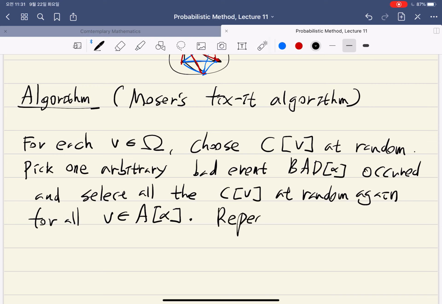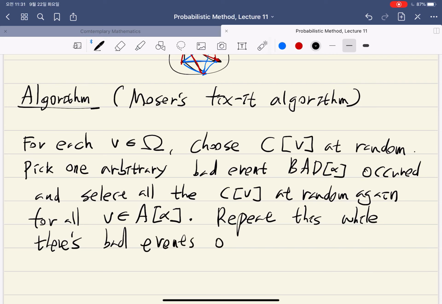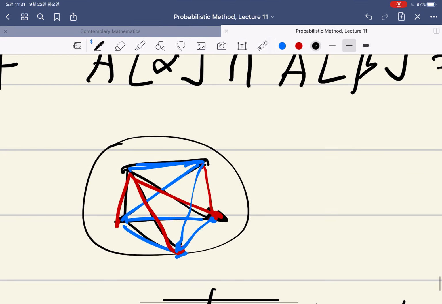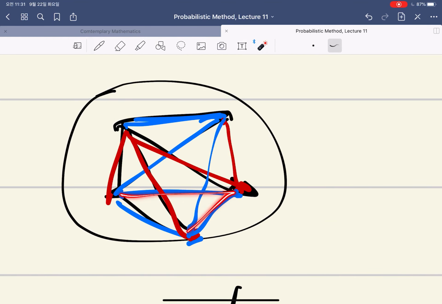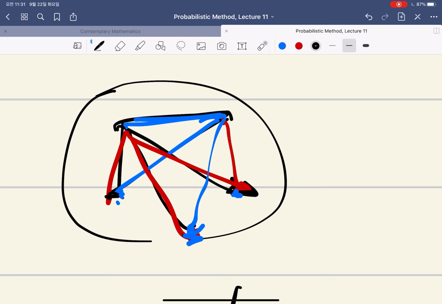And what we do is we repeat this while there are bad events occurring. So in here now again there is this blue triangle and another blue triangle. You just choose one, this one, and you resample this. So we randomly color them again.